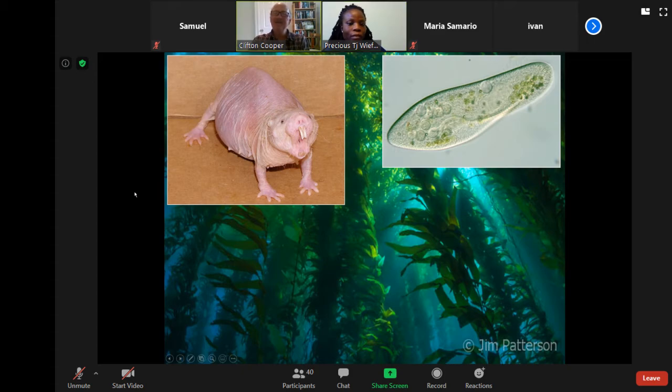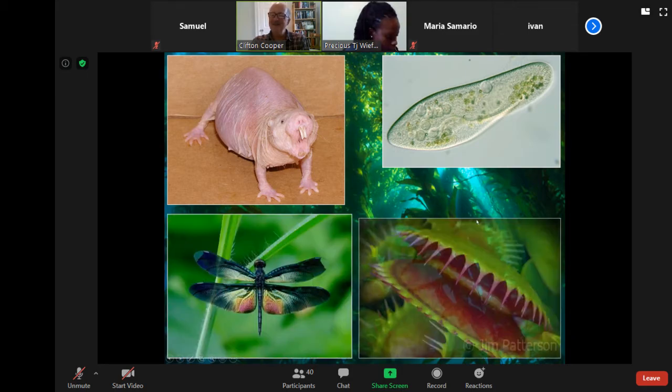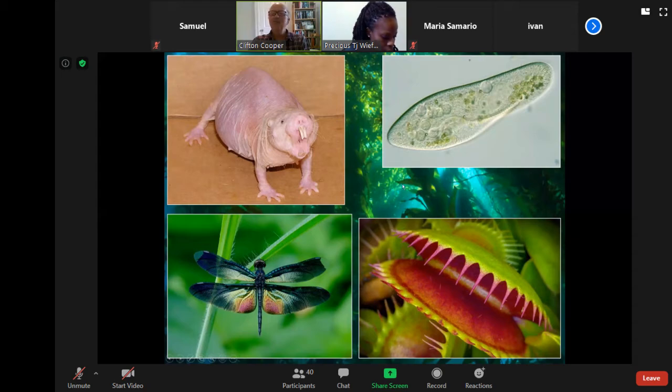And I always like those if I'm in that area. They're hideous, but they're cute. Kind of like some dog breeds, where they're so hideous, they're beautiful. That's the same thing with these guys. But you've got the naked mole rats, you've got paramecium, you've got dragonflies, carnivorous plants, and more. You've got millions of different species, and they're all related to each other.